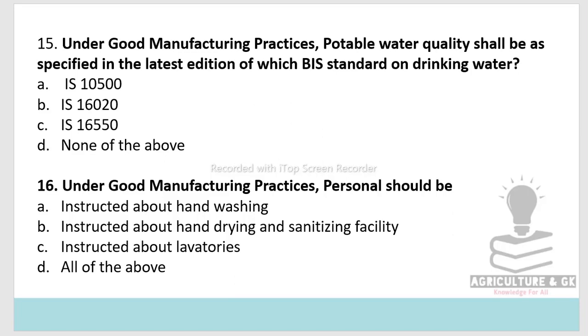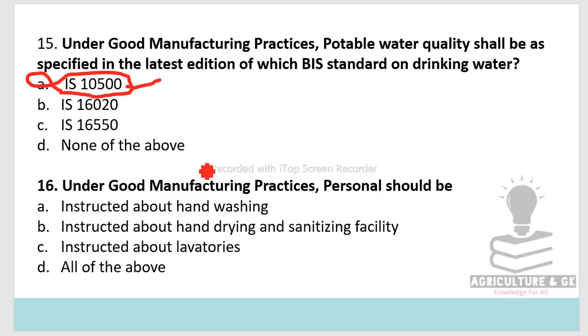So which one of these Indian standards is the latest edition specified for potable water quality? It will be IS 10500, option A. So our answer is option A.